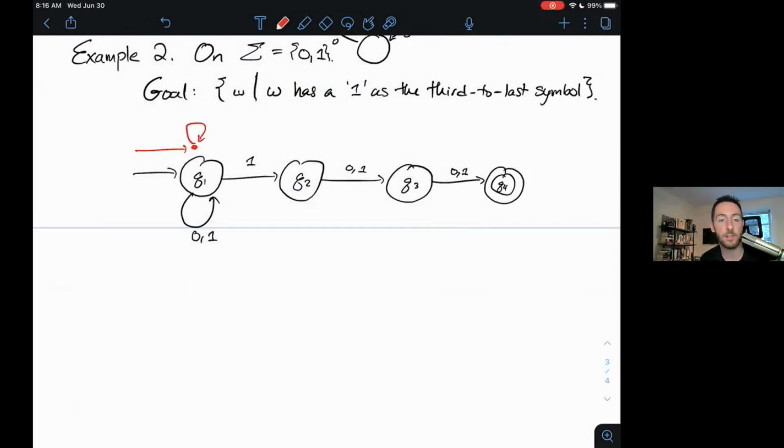Every time I read in a character, whether it's a 0 or a 1, that branch will take the 0 or the 1 edge and stay in the first state. However, whenever I read a 1, I'll move across to state Q2.